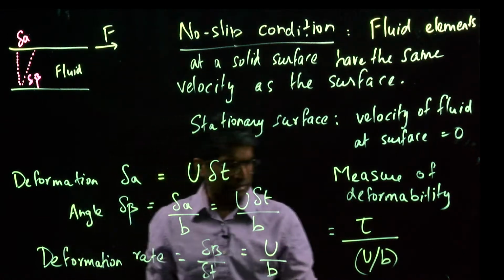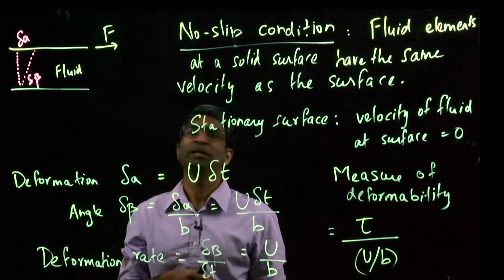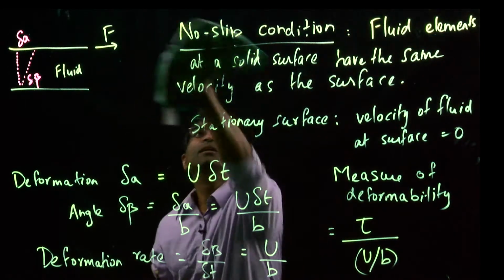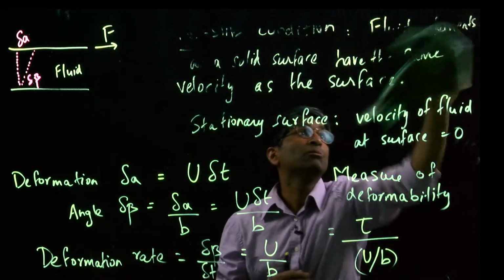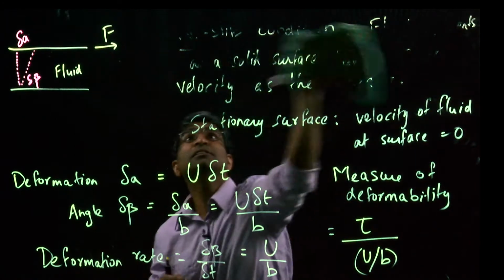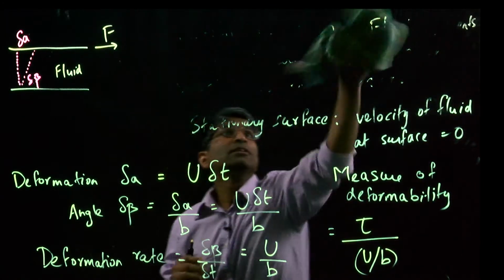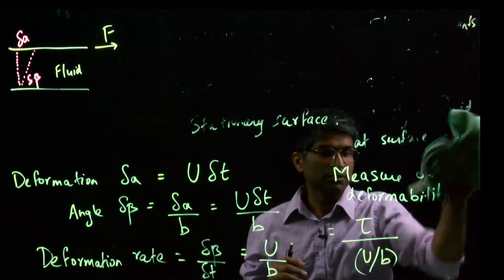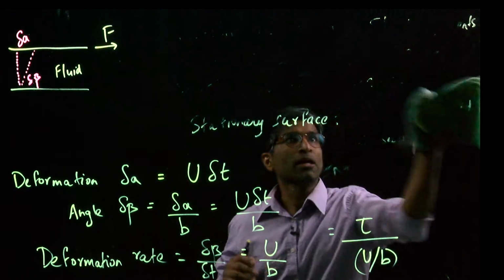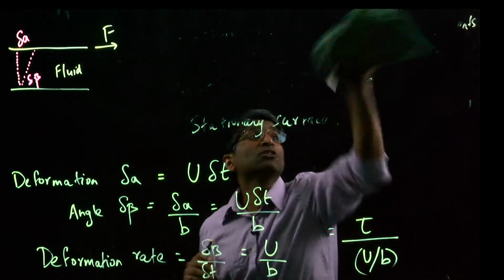And in the limit of really small b, we can replace that term at the bottom with a derivative, and this expression is what we call the dynamic viscosity of the fluid.